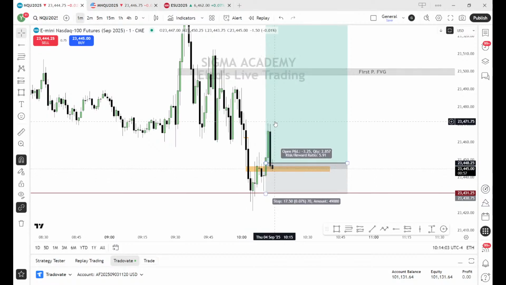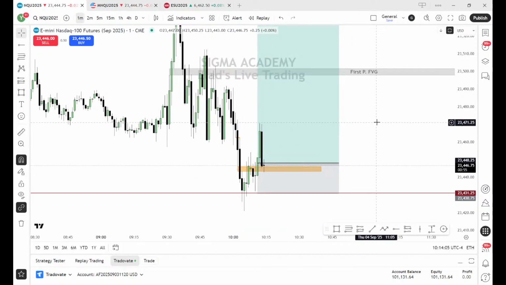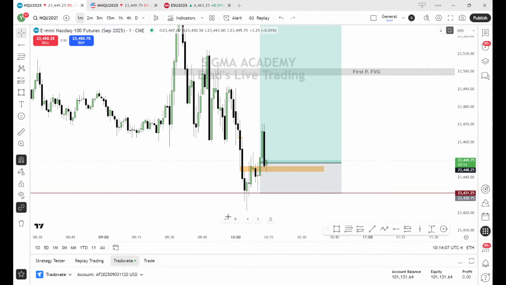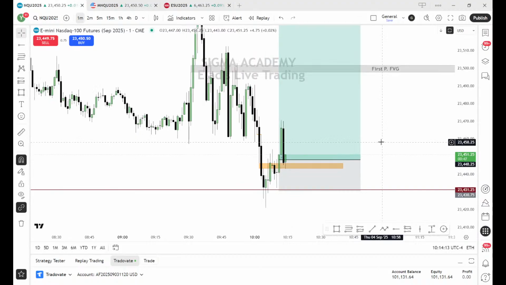Down candle sends us higher for the first time. Let's see how it plays out. Stop can move to this point right here because it shows us strength for now.